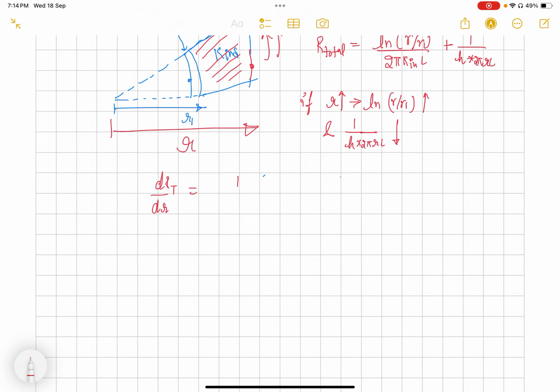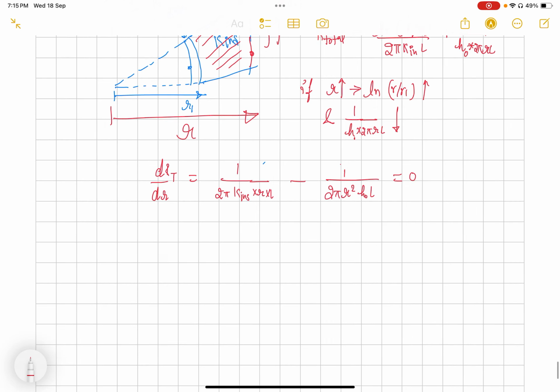You will get 1 by 2 pi K insulation times R times L, minus 1 by 2 pi R square h naught L, and putting it as 0.